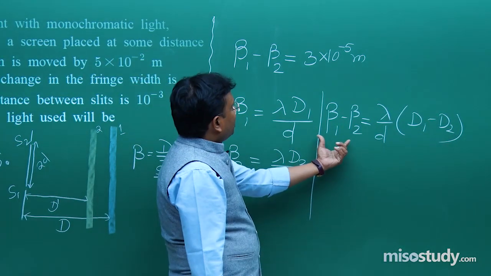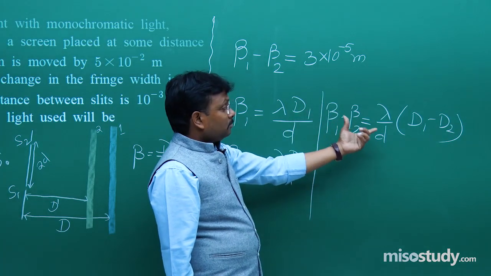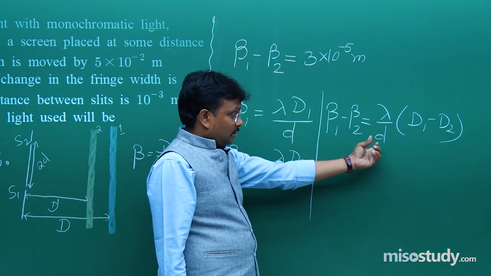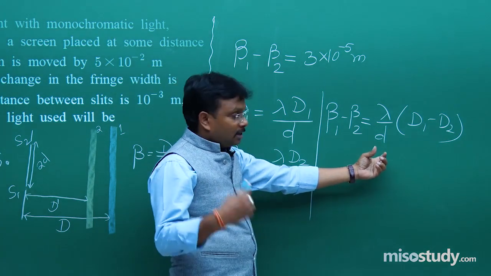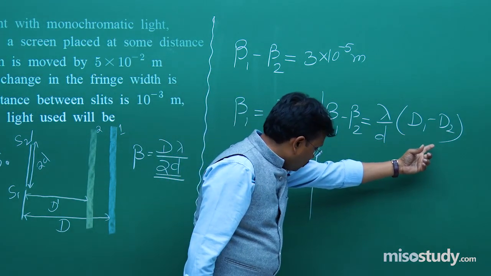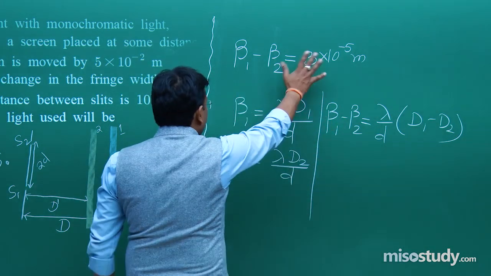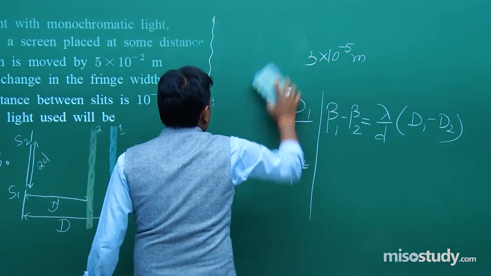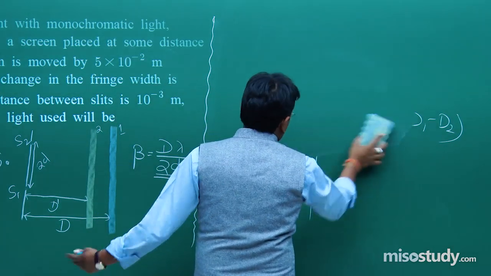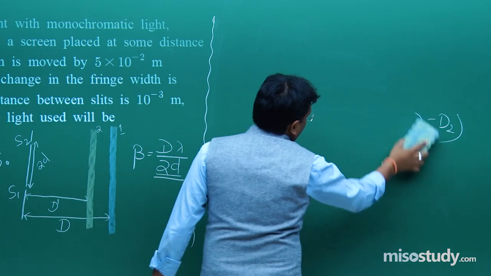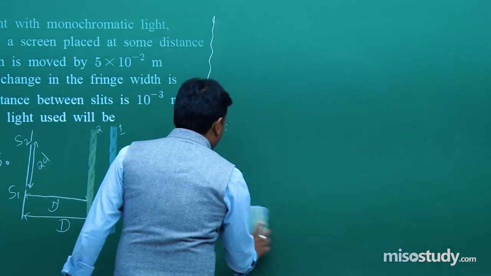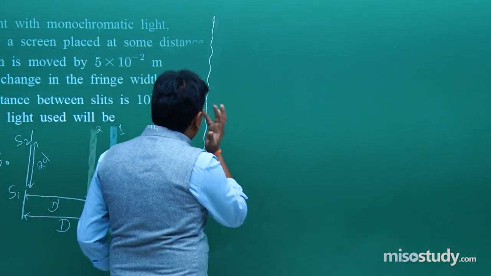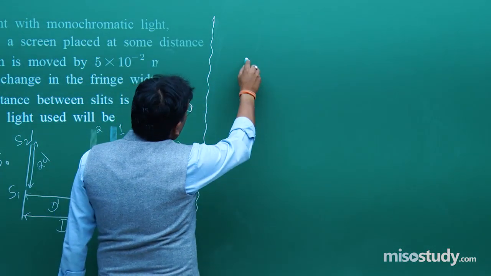This beta 1 minus beta 2 value you have, lambda you have to find out, the slit separation d or 2d is given in the problem, D1 minus D2 is also given in the problem. I will erase this portion and mention further steps required for understanding. It is not a difficult aspect now, it is a very simple approach, but let me mention it. A few of you may feel some difficulty, so that is why I would like to mention it.